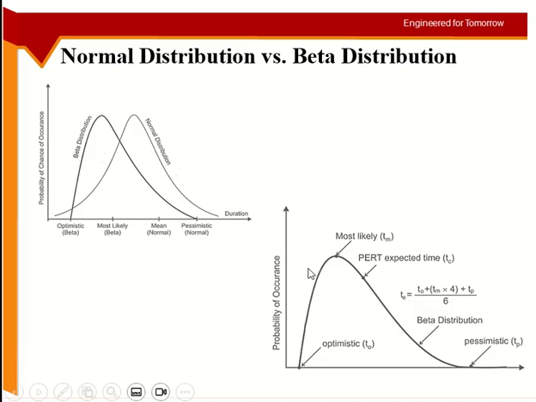So this is represented by another distribution which is called beta. The core concept of beta distribution is that an activity has higher chances of lower duration because everybody is trying to work as fast as possible, and there are lower chances of higher duration because nobody wants to delay.